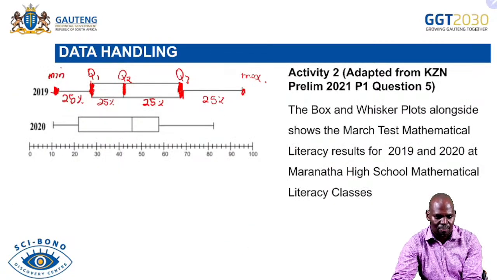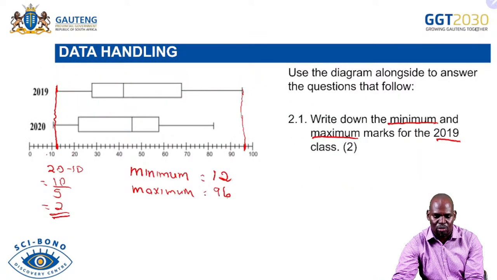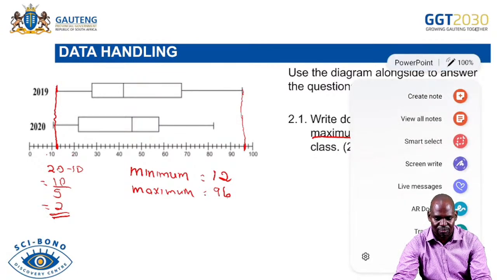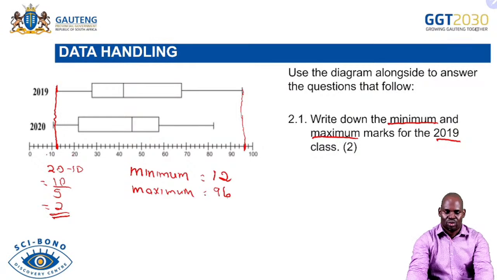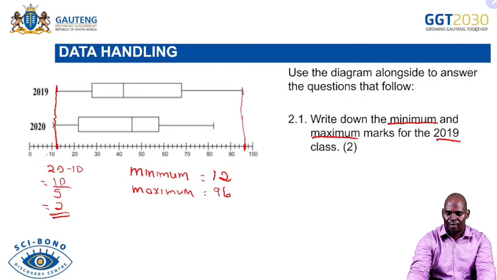Right, so the minimum, if these are in the form of a percentage, will be 12% and the other one will be 96%. So if the test was out of 100%, the minimum mark is 12 and then the maximum is 96. Okay, so that's the answer for number 2.1.